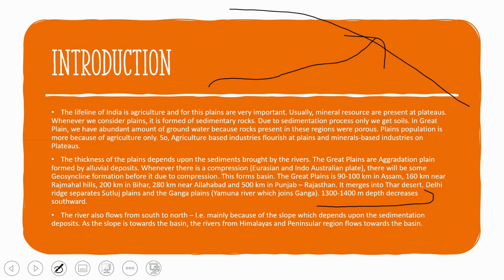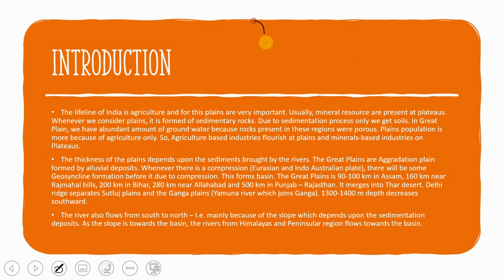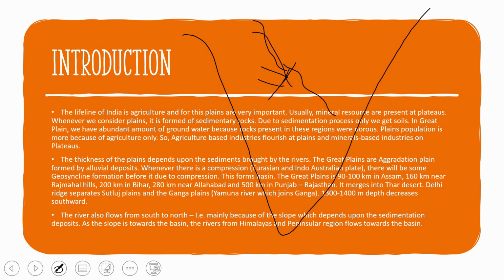So what happened? The river is flowing from the Himalayas. And why is it flowing southward? Because there is a potential difference, meaning there is low land. So how much height difference is present from north to south?